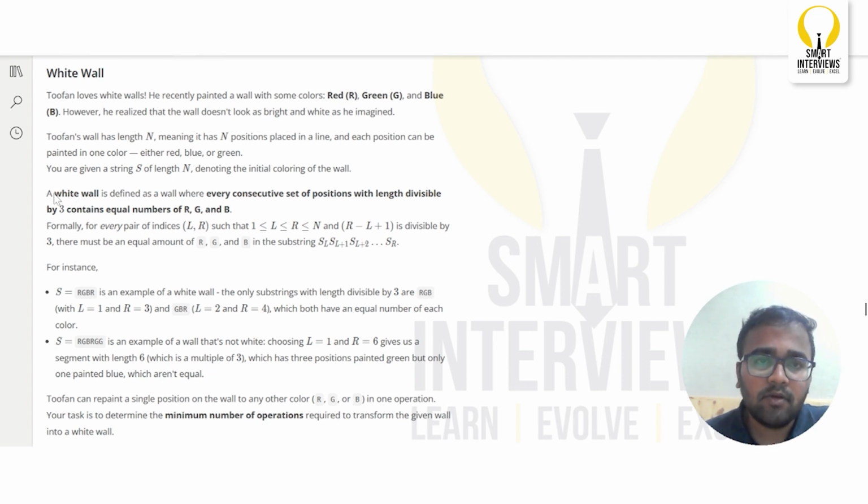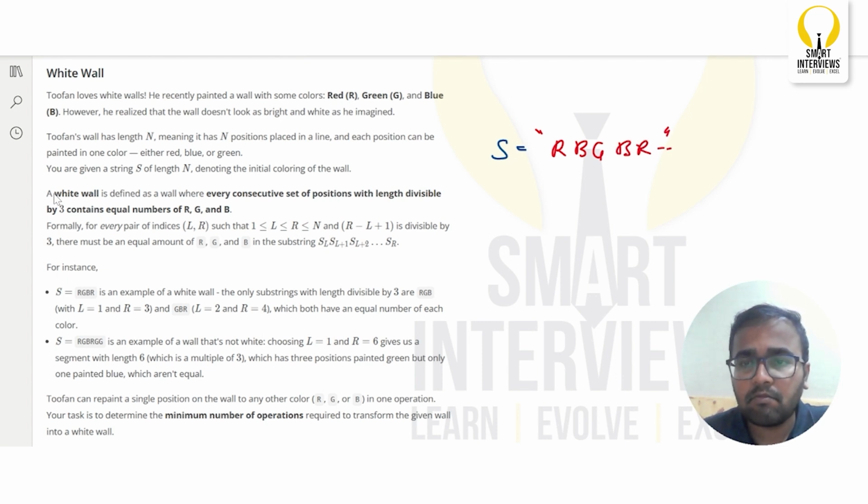So let's take an example. This can be your string. It can have red, blue, green, anything. It is going to be made of R, G, B characters.